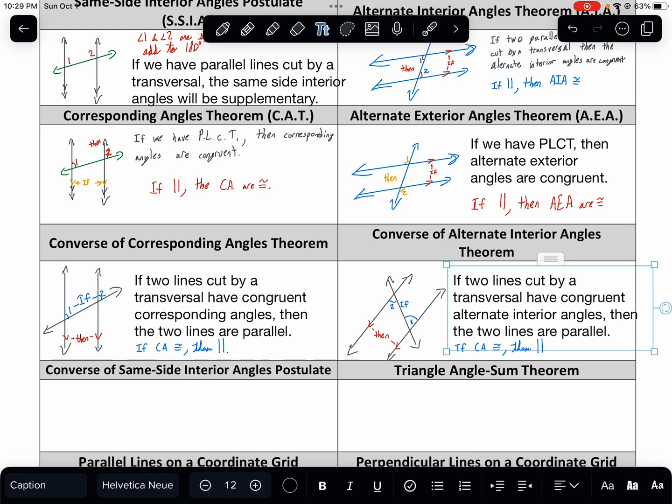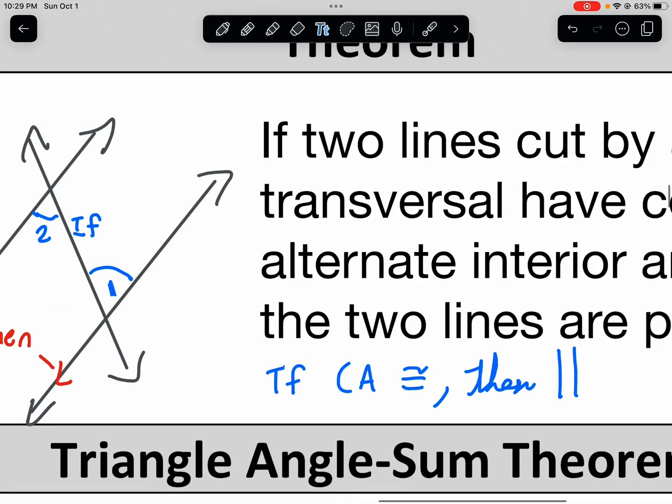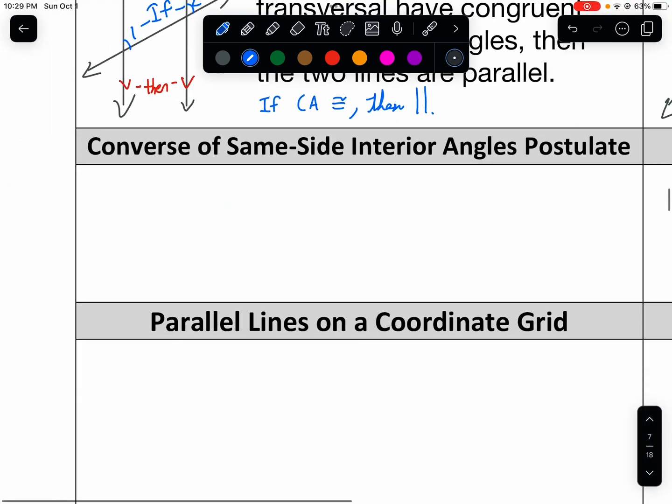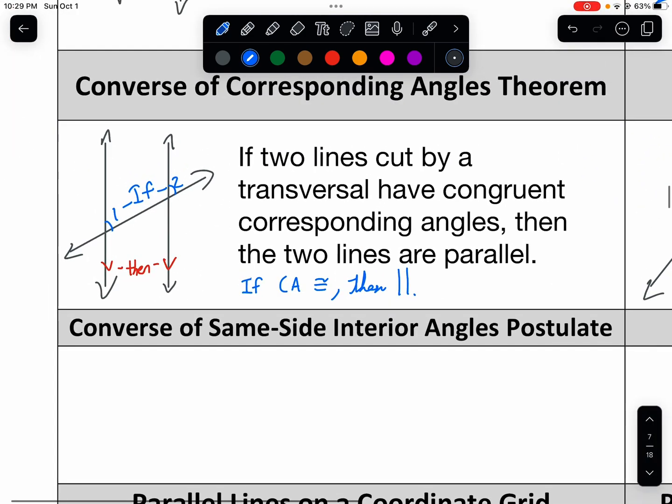Then the two lines are parallel. We just have to make one last change to this. Change CA to alternate interior angles. Boom, we're done.